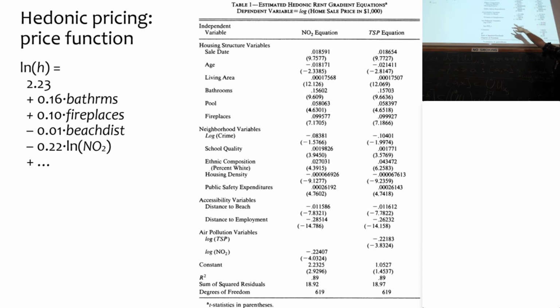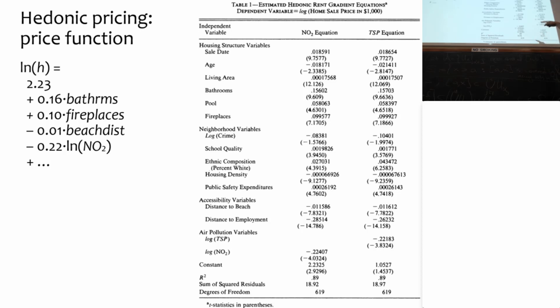And then here we have variables that measure air quality. So total suspended particles, again highly significant, or nitrogen dioxide. Not nitrous, nitrogen. And again, that is highly significant, and the higher the concentration of these things that make you ill, the lower the price of the house.